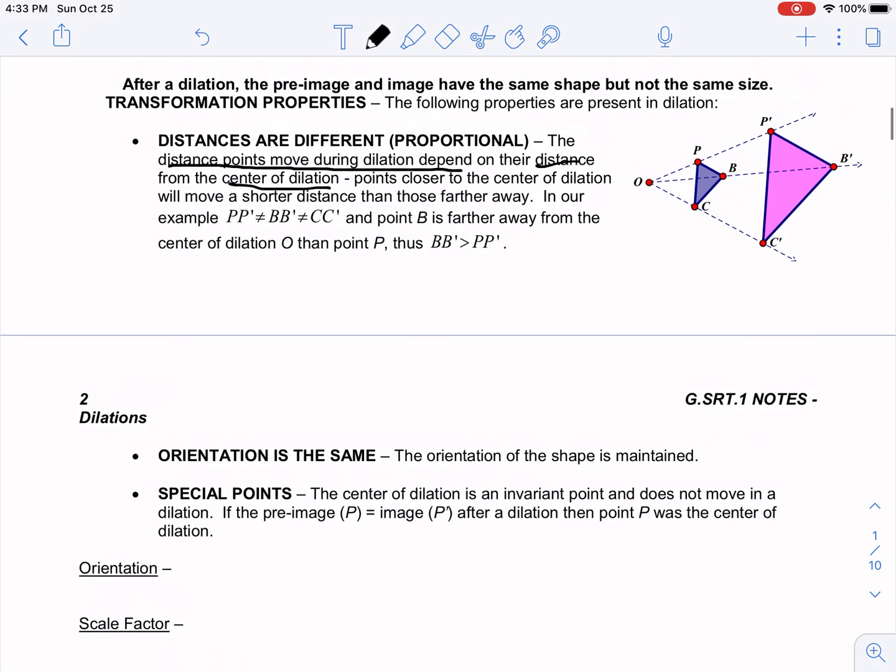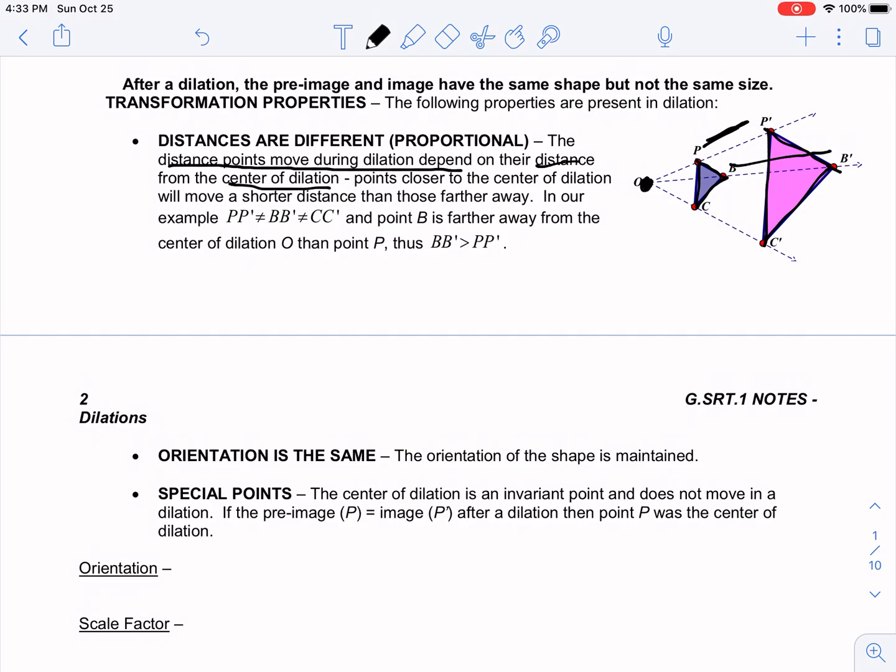So when we're dilating an image, we have the center of dilation, where we are dilating from. Then we take the original image and we could enlarge it or reduce it. In this case, they enlarged the image, but it maintains its shape. What they're trying to point out is that the distances between P and P prime and B and B prime aren't the same.